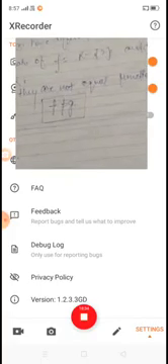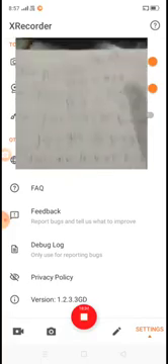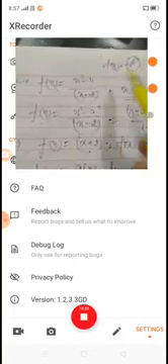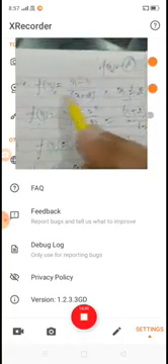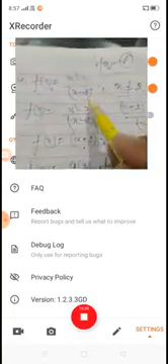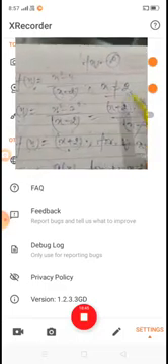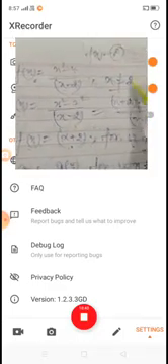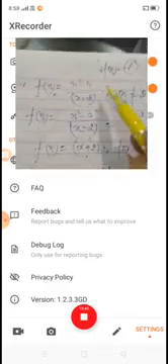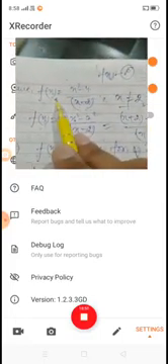Now students, clear? Let's see once more. Here we have the function f of x equal to (x square minus 4) upon (x minus 2), and x not equal to 2. If we put x is equal to 2, then the function is not defined.